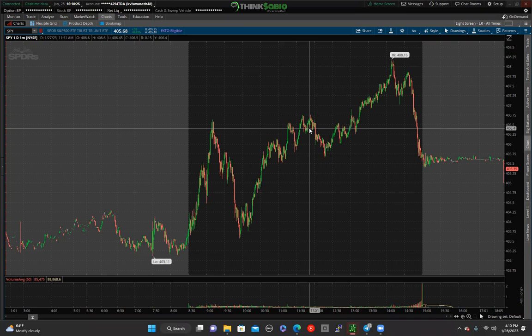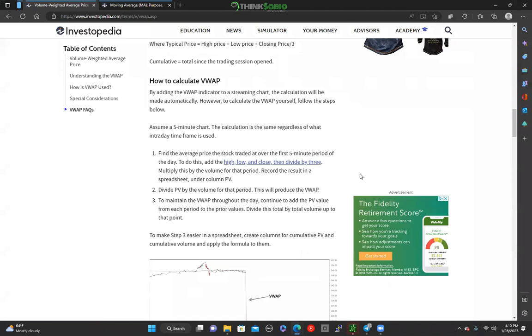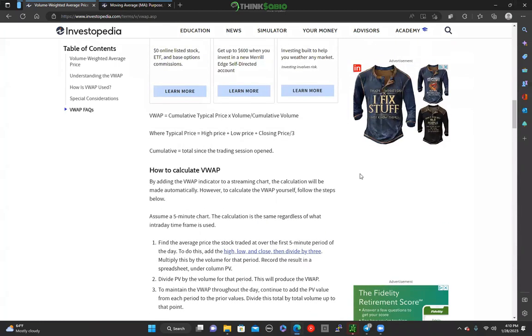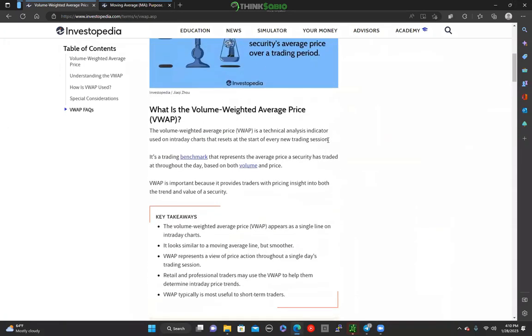So I want to quickly touch base on one such indicator that many hedge funds use. They don't use any other indicator. They will use one indicator, and that's called VWAP, right? And before I get hands-on and show you what VWAP is, and how to add it on your chart, let's look at the quick definition by Investopedia. I don't want to create definitions; it's already there.